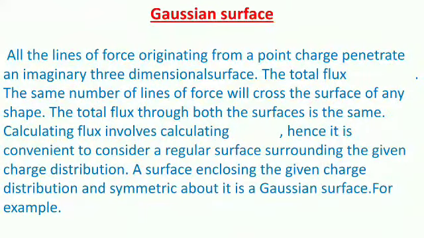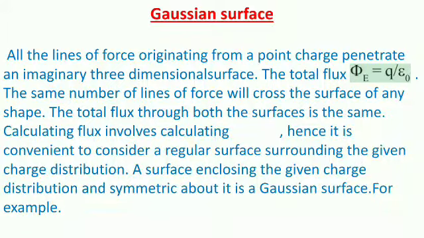The total flux is the same number of lines. The total flux is phi E equal to Q upon epsilon naught, as we know. The same number of lines of force will cross the surface of any shape. The total flux through both the surfaces is the same.